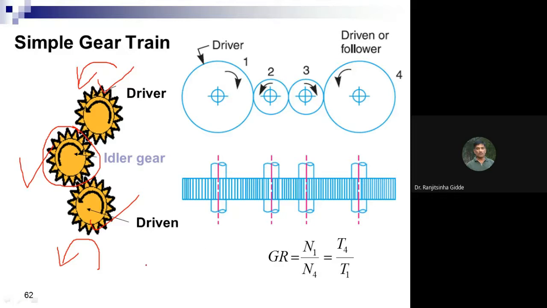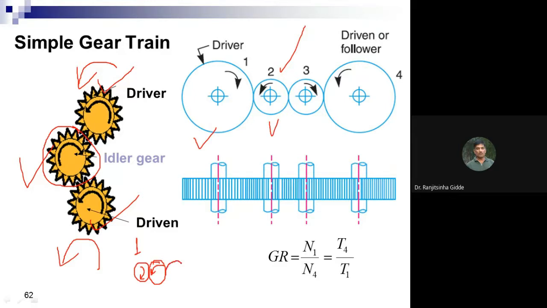Now suppose this is the case, this is the first gear, it is going to rotate in clockwise direction. Here it is shown, this is the driver. Then gear number 2 is rotating in anti-clockwise direction.